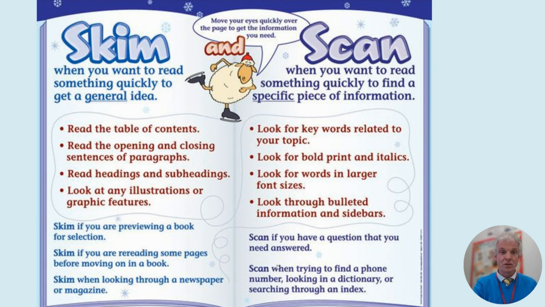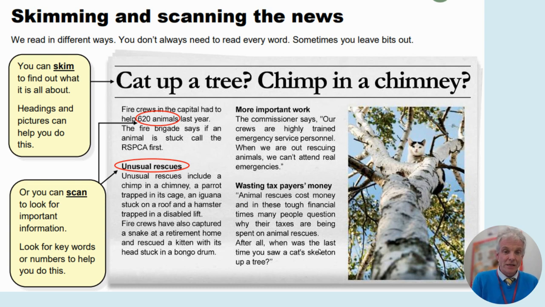Let's just look at a quick example. So here's a bit of a newspaper report. You can skim and scan this. For skimming: cat up a tree, chimp in a chimney. There's your headline. Think, something to do with animals maybe. Then look at subheadings: unusual rescues, more important work.